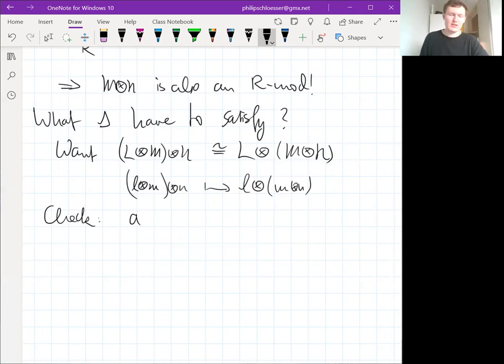If we multiply this thing by some scalar element of R, we want that to be the same as doing it afterwards.